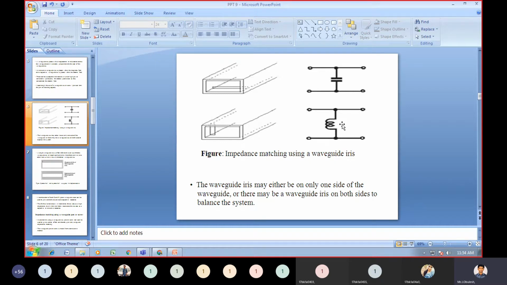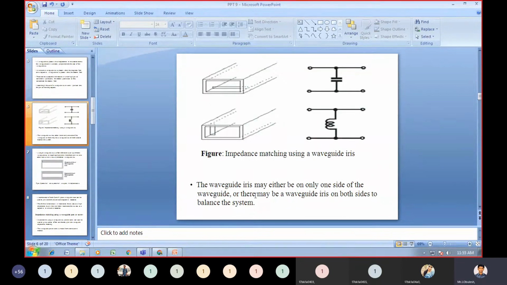You need to place this inductive waveguide iris into the magnetic field. And if you want to place a capacitive waveguide iris, you need to prefer only the electric field. Where you keep these two depends on your convenience. So this is impedance matching using a waveguide iris.